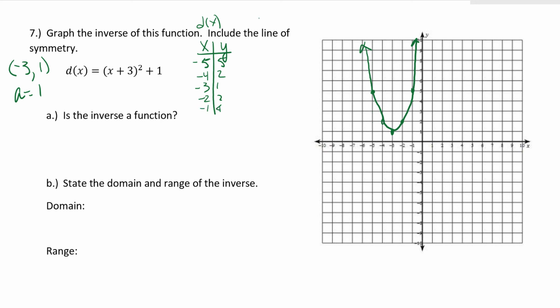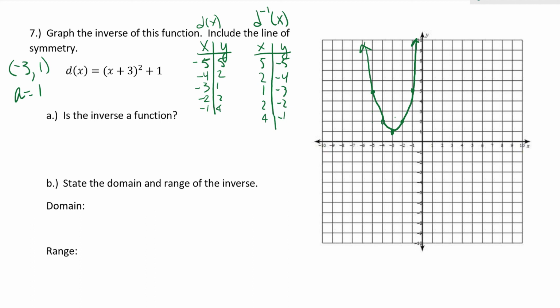If I make the inverse, all I have to do is switch the x and y values. So I get 5, -5, 2, -4, 1, -3, 2, -2, and 4, -1.